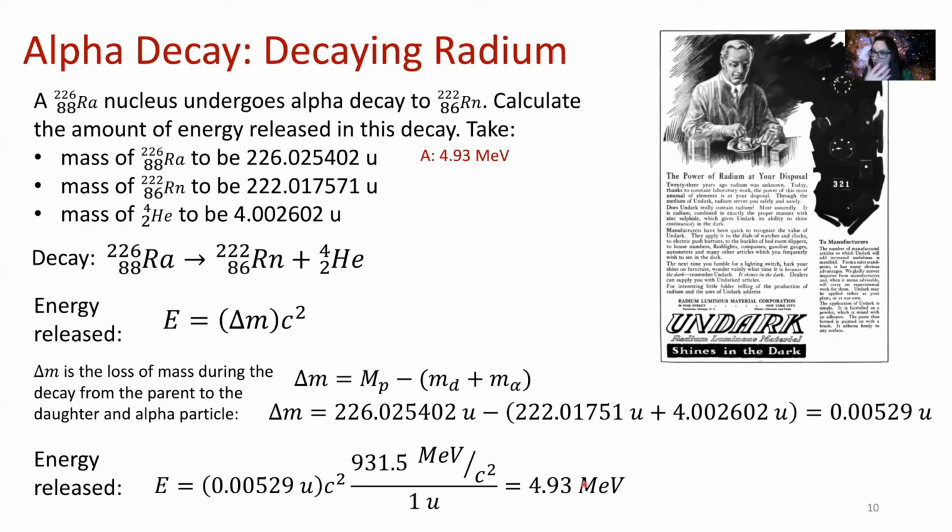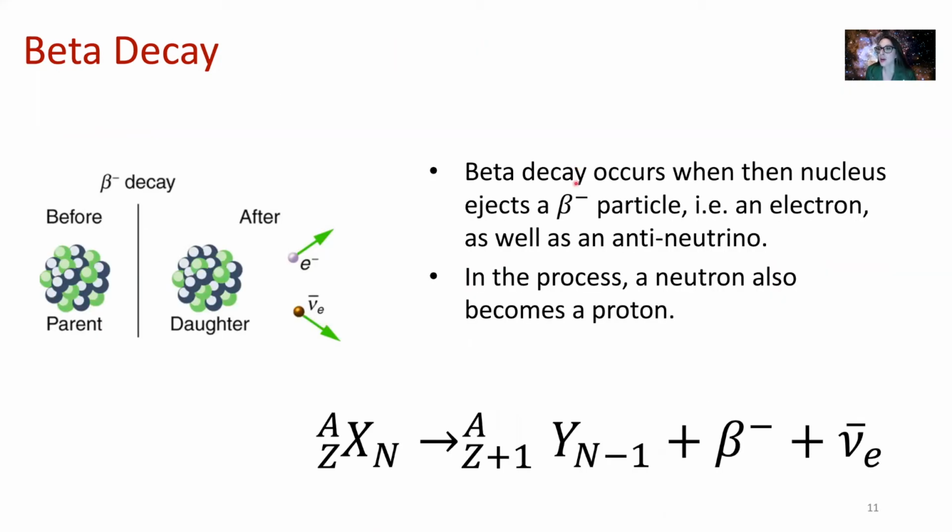So remember, electron volts are 1 unit that we could use to represent energy. Beta decay occurs when the nucleus ejects a beta particle, which is an electron, as well as an antineutrino. An antineutrino is the antimatter equivalent of a neutrino. In this process, a neutron also becomes a proton in the beta decay process.